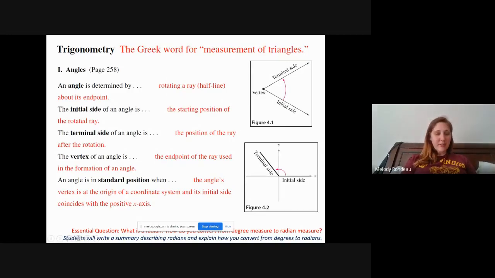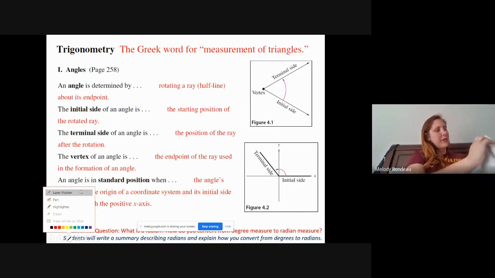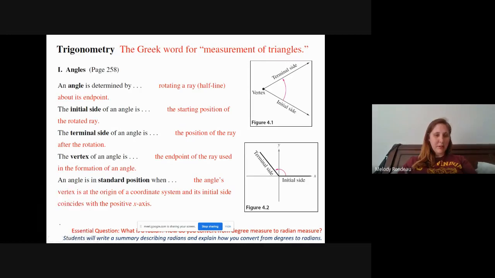So initial side, I'm going to grab a pen here and write a little bit. The initial side is always the side that we're starting with. That initial side is always where we start measuring from, and the terminal side is where we end.